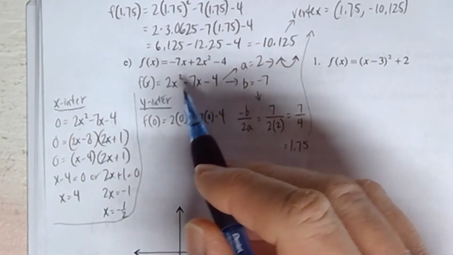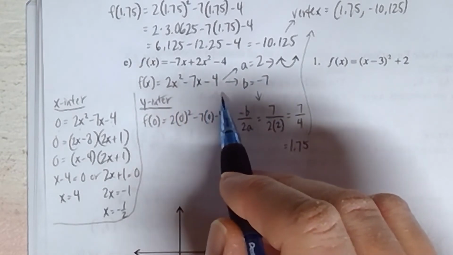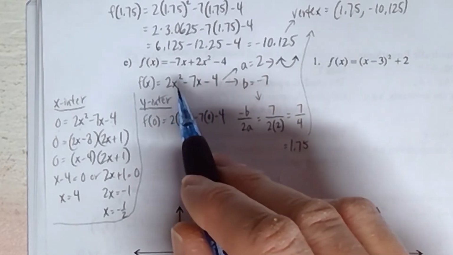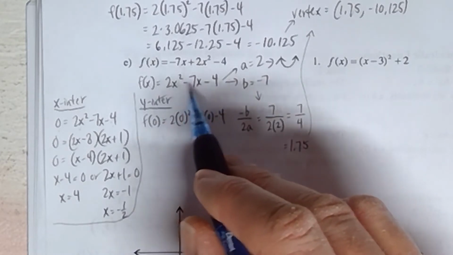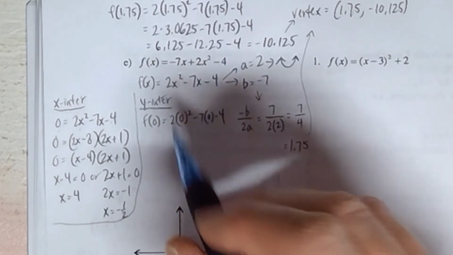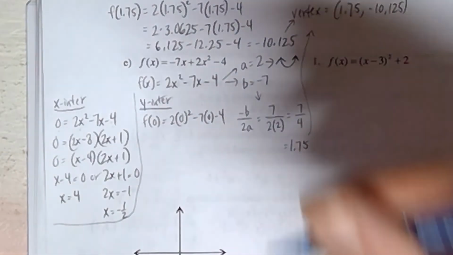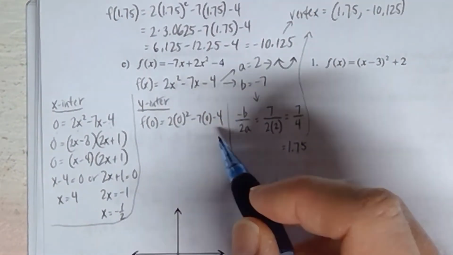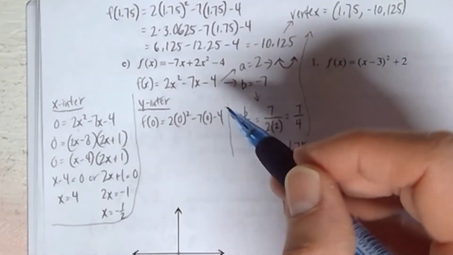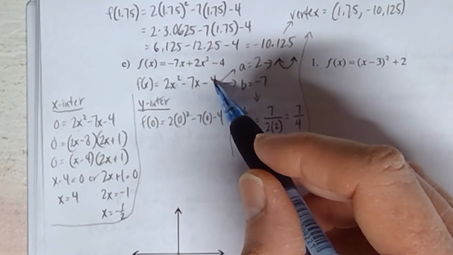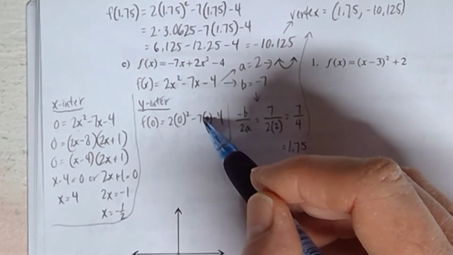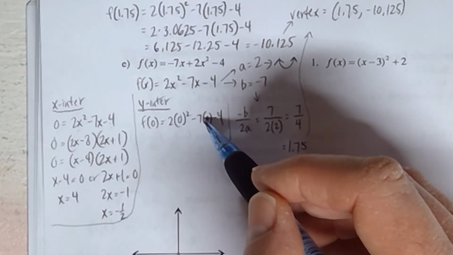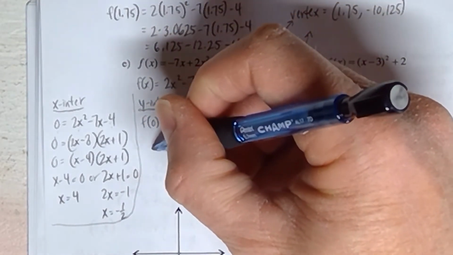If you've got one of these normal polynomials here where you have no brackets or anything, but you've got the x squared term and the x term and the constant term with pluses or minuses in between, whenever you plug a 0 into that, and this only works for 0, the answer will always be just the term that doesn't have the variable in it, because the variable terms will automatically just become zeros. So the answer is automatically -4.